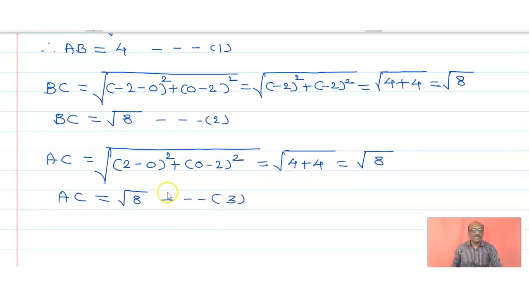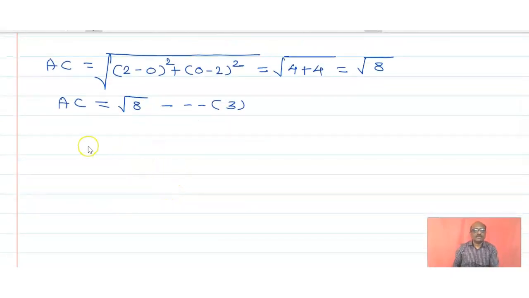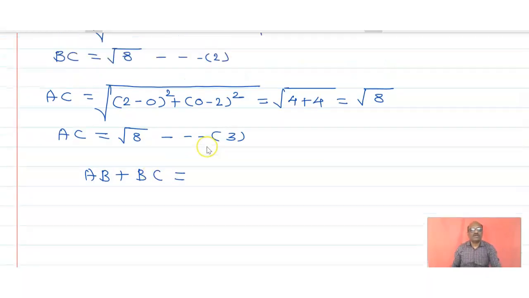Okay, here we always have AB plus BC. What is AB here?